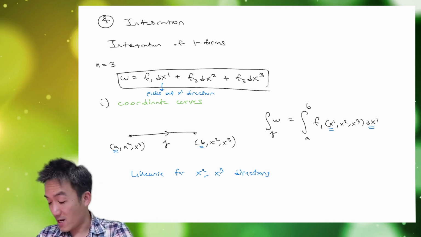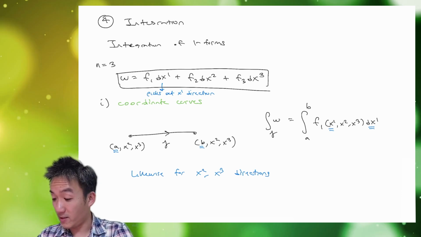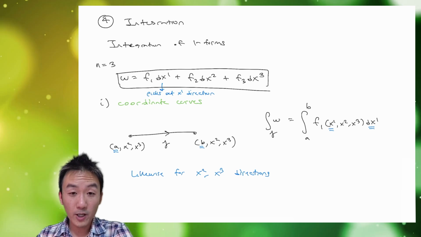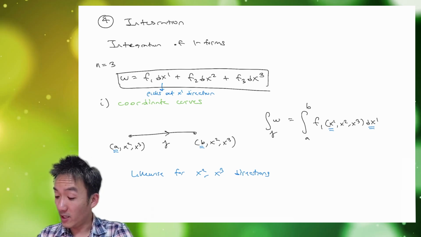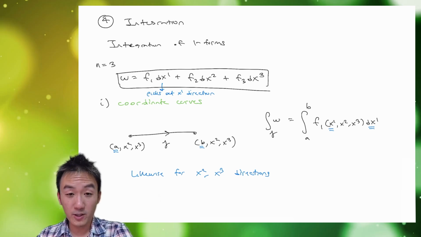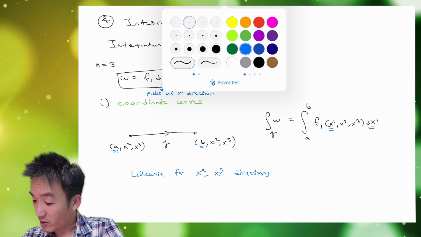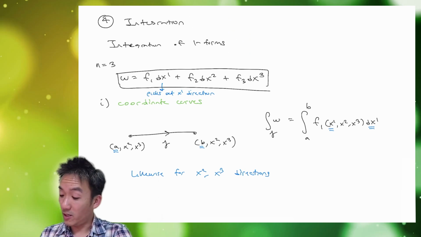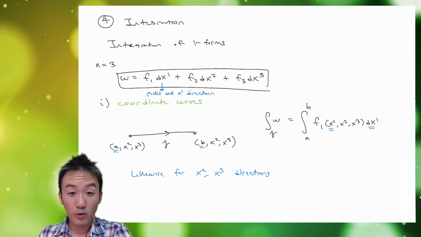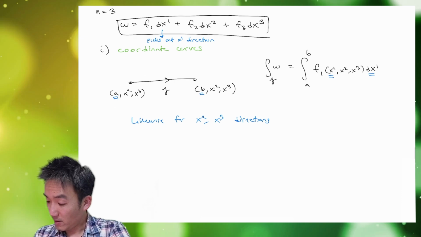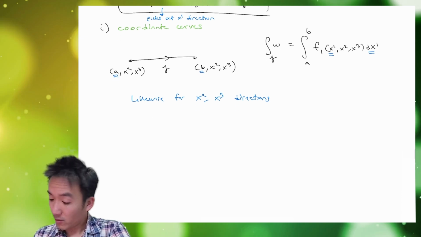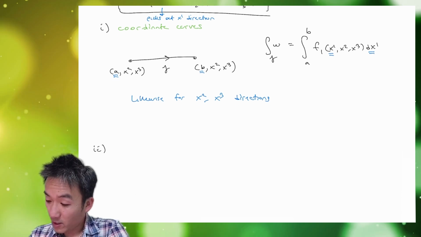So essentially, in this very simple case, if you give me coordinate curves, the way you would integrate omega along them is just to do an ordinary one-dimensional integral determined by that coordinate curve. That's not that interesting because in general, curves can move around in complicated ways. So I really should be looking at general curves.